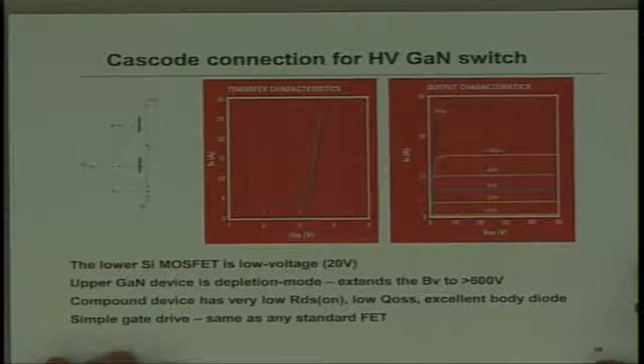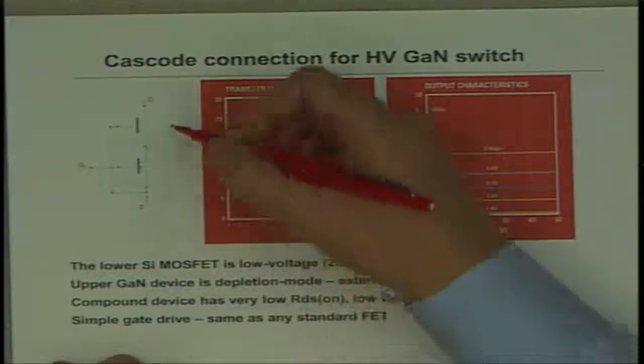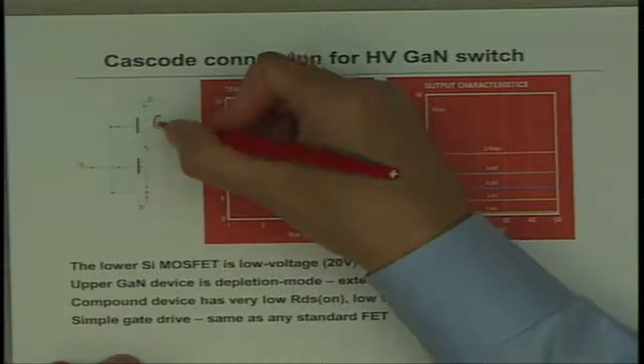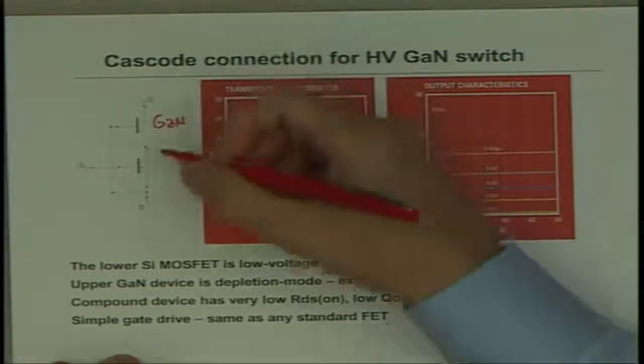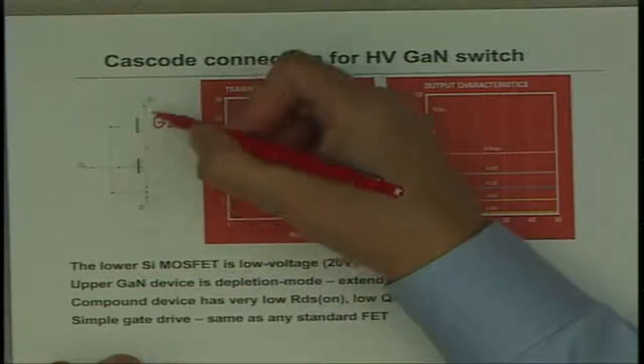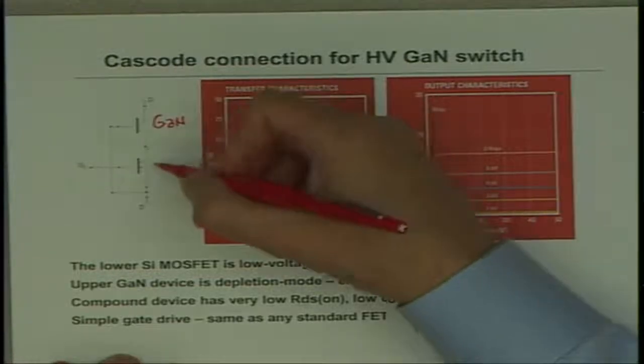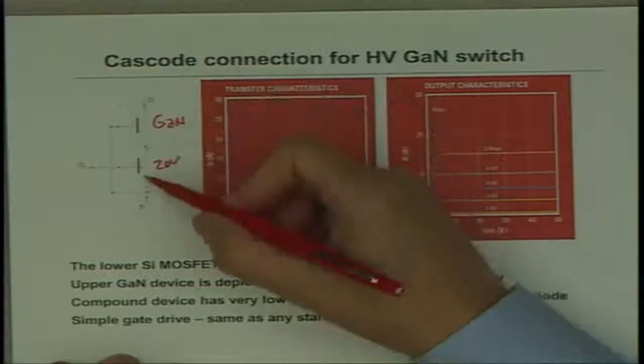But what you'll see first in the market is what's called a cascode device, where this is the GaN, and this is a low voltage silicon FET. So essentially the GaN is sitting on top of the silicon device, and it extends the voltage range. So this is let's say a 20 volt silicon switch.